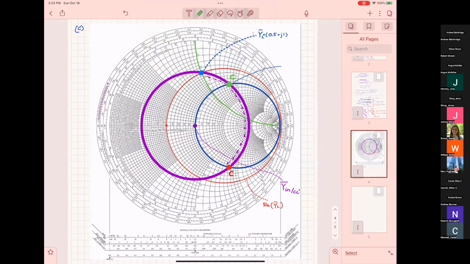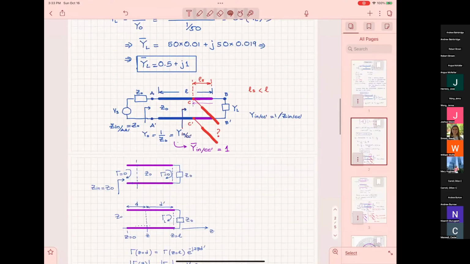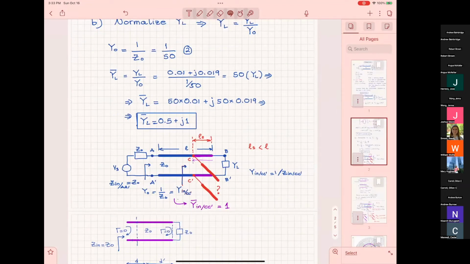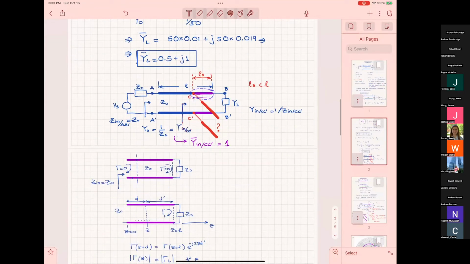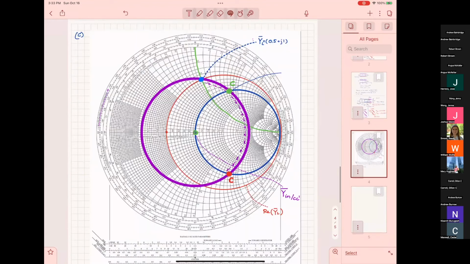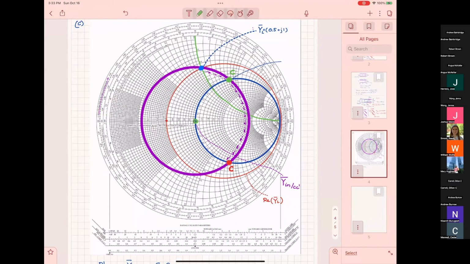Okay, so that's the next step. If we stop at the green C, we are not at the center of the Smith chart yet. So this one here shows only movement of the purple section. It does not show anything about the stub yet. What shows the impact of the stub is when we start moving along this direction to go to the center of the Smith chart.